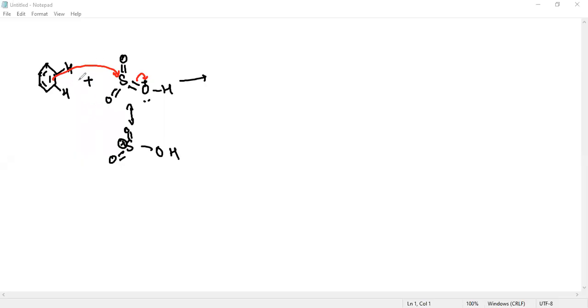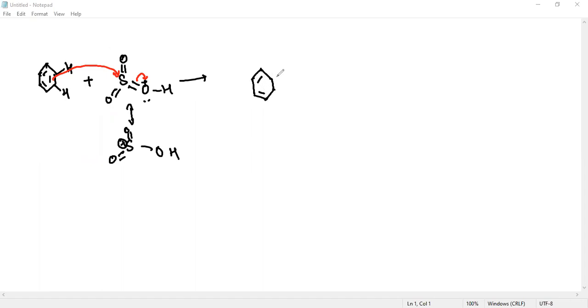Now let's do the attack of benzene ring. So here the pi bond over here will go ahead and attack on this sulfur, and what will happen? This pi bond will move here. Let's go ahead and write the result of this one, because you know this is electrophile, and the benzene ring would like to attack it.